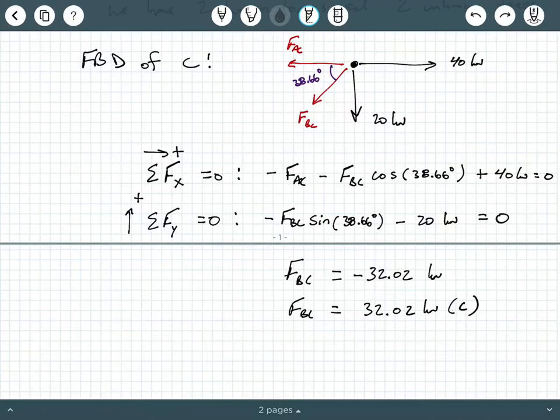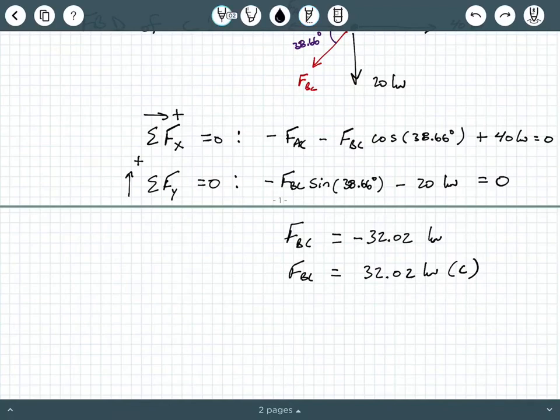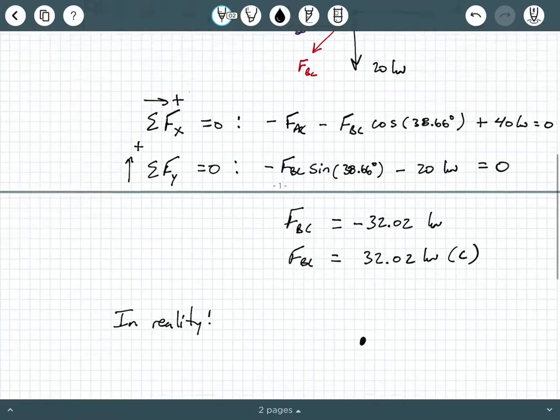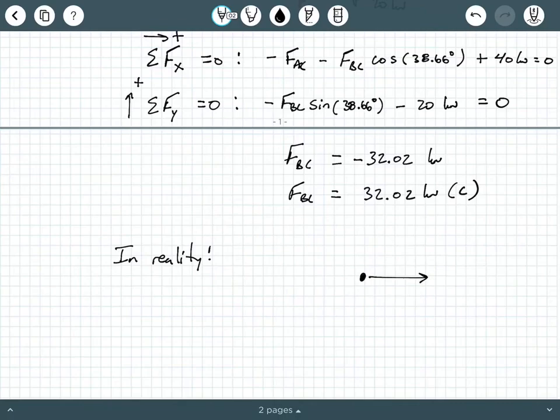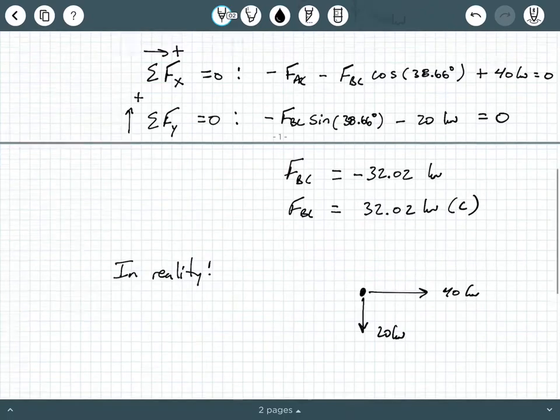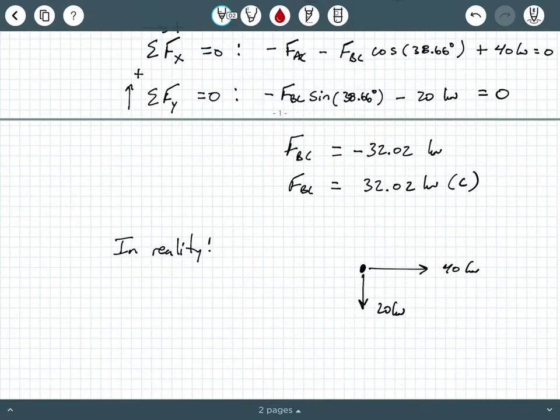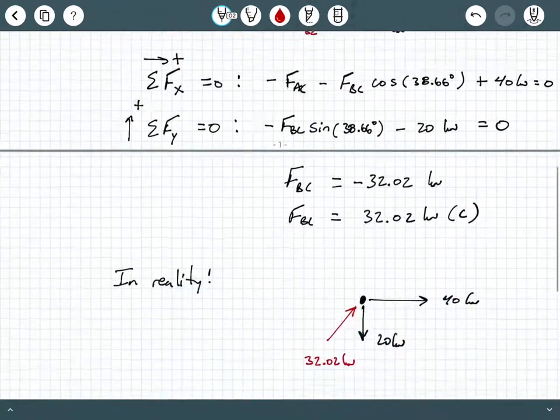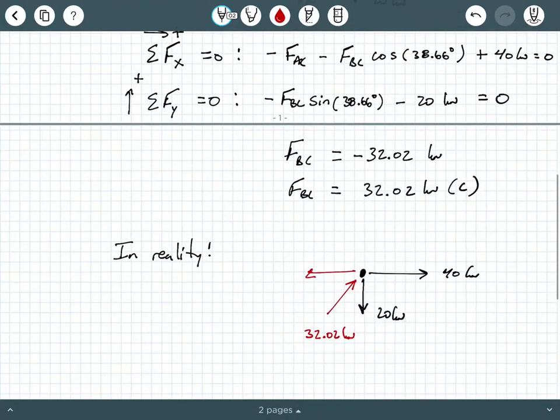And we're going to redraw that free body diagram right now, actually. So in reality, what we have is a freshly drawn free body diagram with 40 kilonewtons here, 20 kilonewtons here, and then FBC is pointing at the joint, 32.02 kilonewtons, and then FAC is pointing away from the joint right here, FAC, okay?